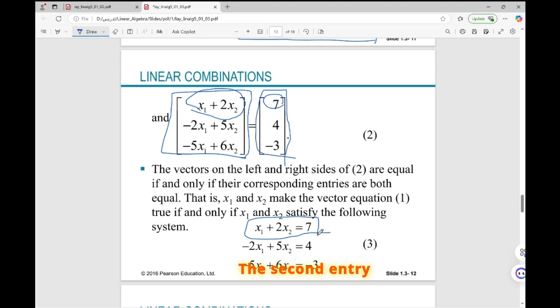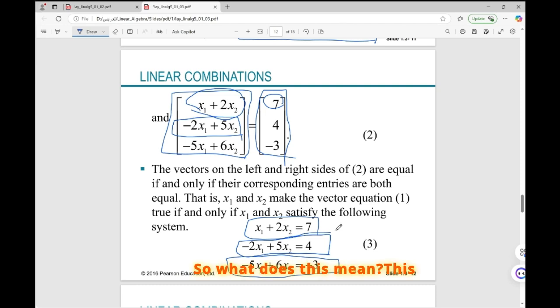The second entry, minus 2 times x1 plus 5x2, should be equal to 4. And the third entry, minus 5x1 plus 6x2, should be equal to minus 3.